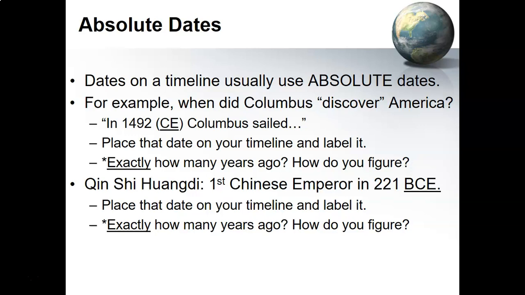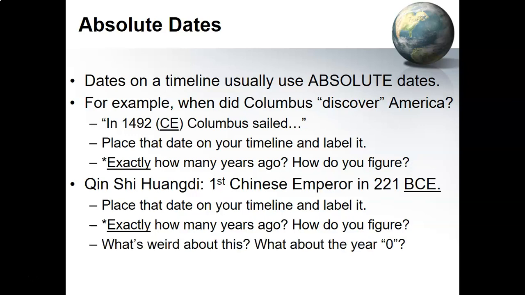Well, the answer is 2,243 years ago. Now, most of you, I'm guessing, the way that you figured that was 2022 on the right side plus 221 to the left side equals 2243.